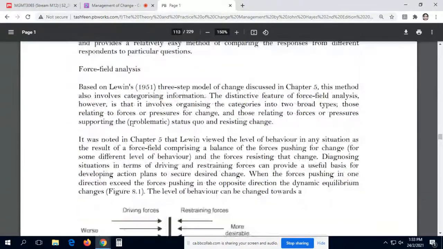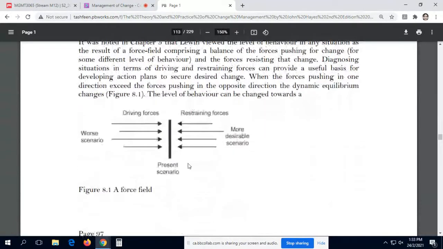Force field analysis. Yeah, for example, force field analysis. This is the diagram. In the middle is the present scenario. So what would change the present scenario in the middle?